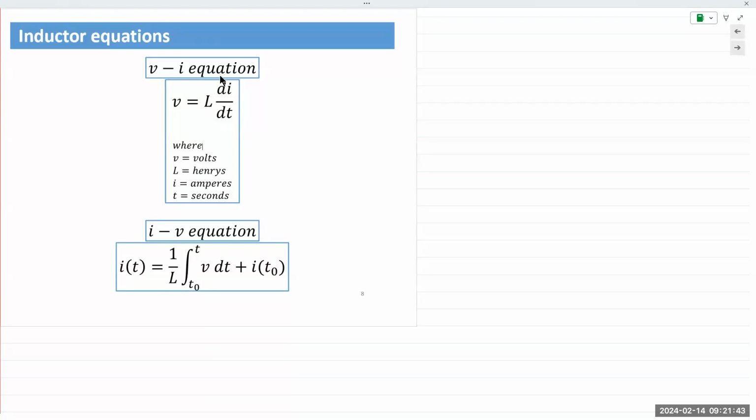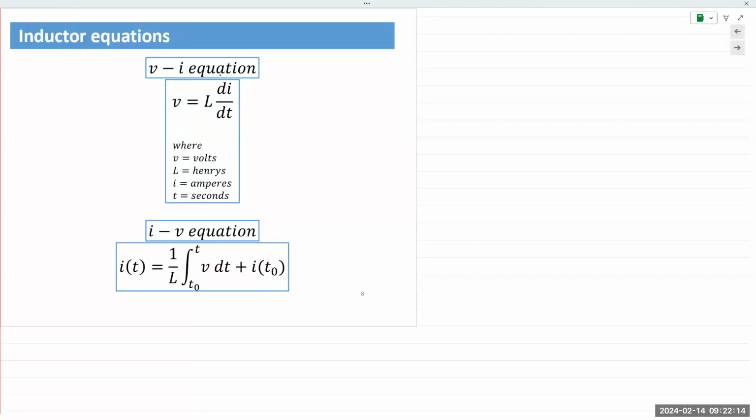And so the equation for voltage and current for an inductor is V equals L di over dt. The voltage is directly proportional to the rate of change of current flowing through it. Rate of change of current, di over dt, change of current with respect to time. And again, we now journey into the time domain, so the equations that we deal with are a function of time.